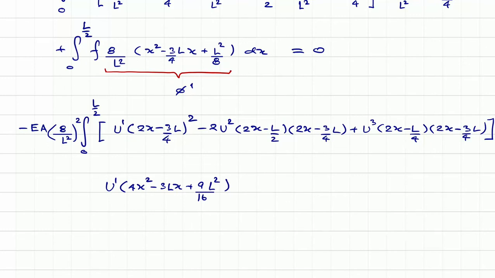Very tedious. Let's check. 2 of this, 4, okay, yeah, 3, just the 3 remaining, and then the last piece squared up, 9 over 16 L square. Great.